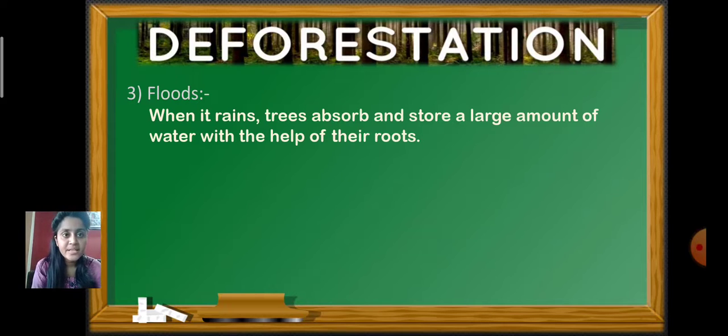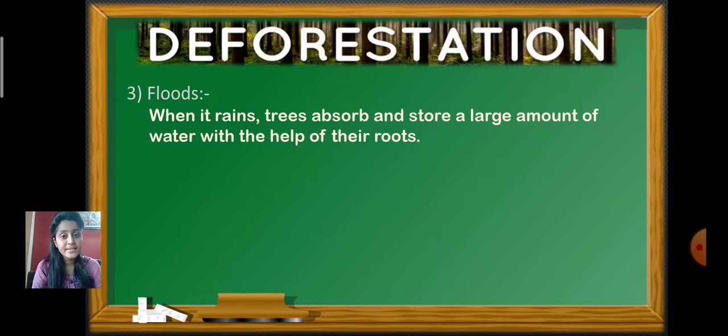When it rains, trees absorb and store a large amount of water with the help of their roots. Floods are also a main effect of deforestation. Let's see how. Suppose it's raining.